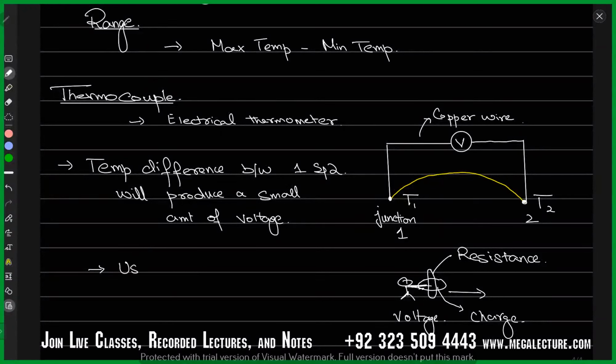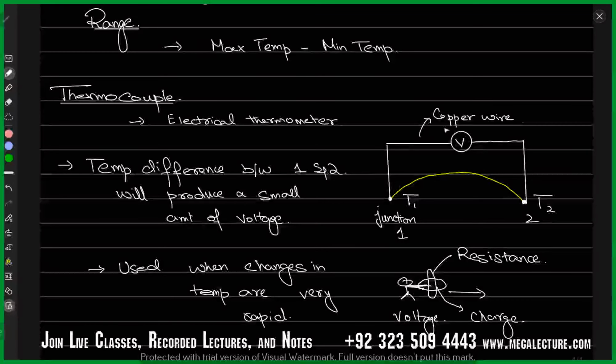So it is used when changes in temperature are very rapid, because as soon as the temperature changes, you will get a response to that. That would be this potential difference. You will get a number, a value. So it's like temperature change, you'll get a response, you will know that the temperature has changed, right? It might beep or something.